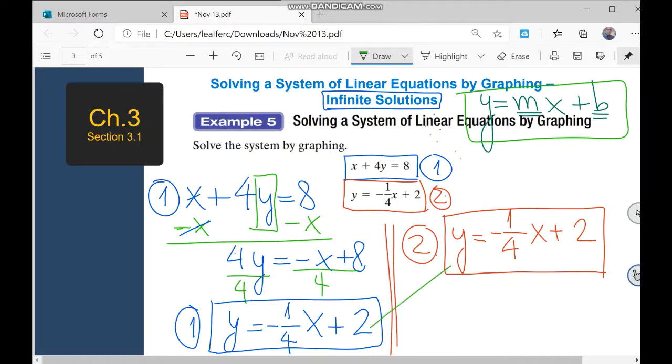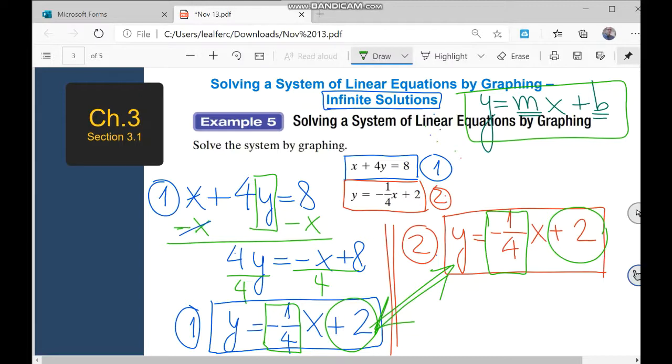Another thing: compare equation number 1 with equation number 2, and they have the same slope, -1/4. They have the same y-intercept. That means they are the same. They are equivalent. They are equal, actually.